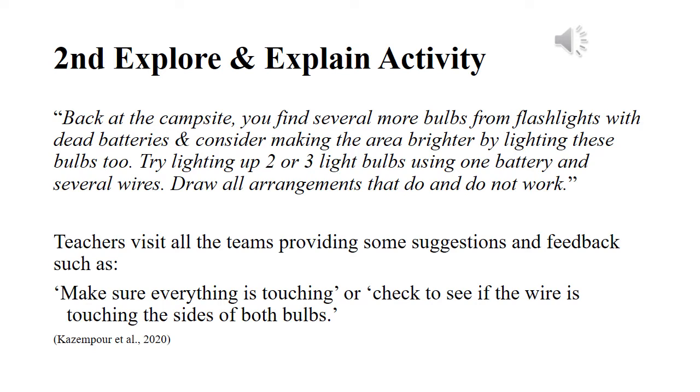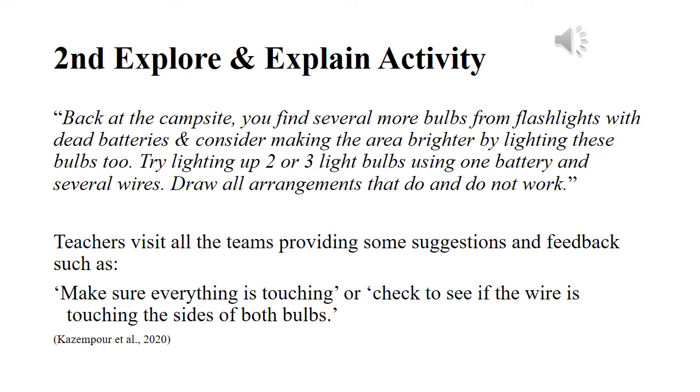So students are provided with the additional materials for the second hands-on activity. As students are working on their new challenge, teachers walk around asking how the new arrangements are similar or different to the ones in the first challenge.